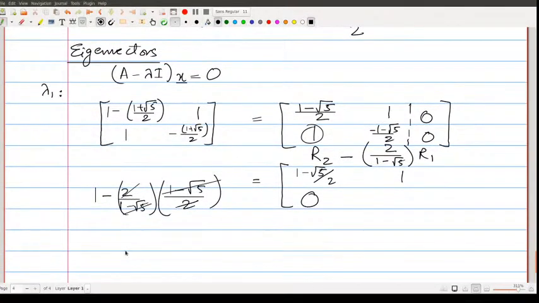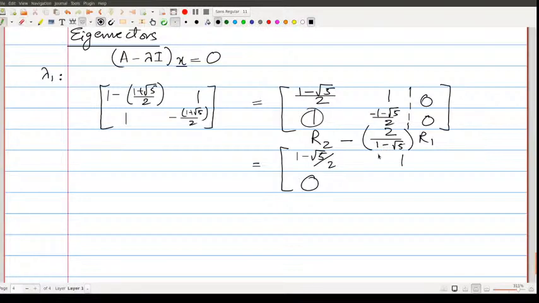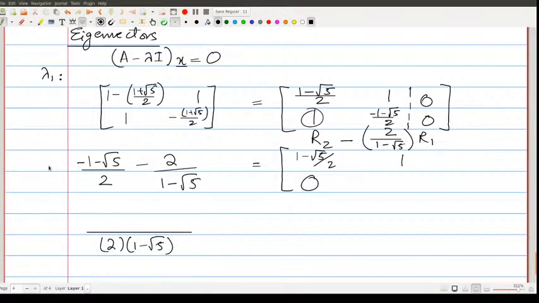Okay, what about the second one? We have the 1, and 1 minus root 5. That's correct. So the 2 cancels out. So I have minus (1 plus square root 5) over 2, and then subtract from that 2 times (1 minus root 5). I think I'm just messing up the arithmetic, which is really something that I should not be doing. 1 minus (1 plus square root 5), and then (1 minus square root 5) minus 2 times 2, which is 4.